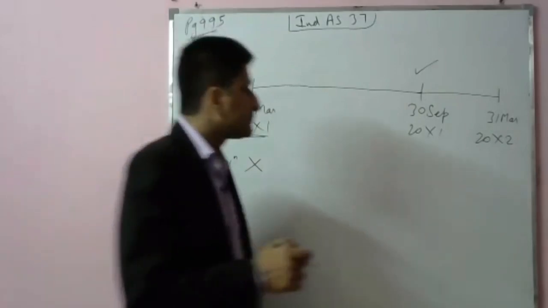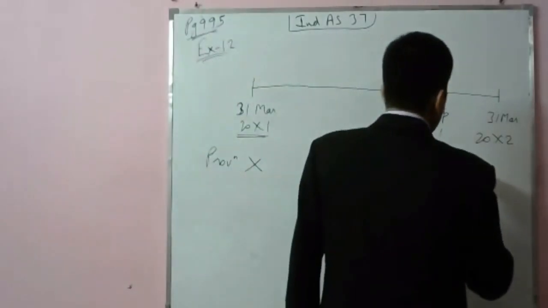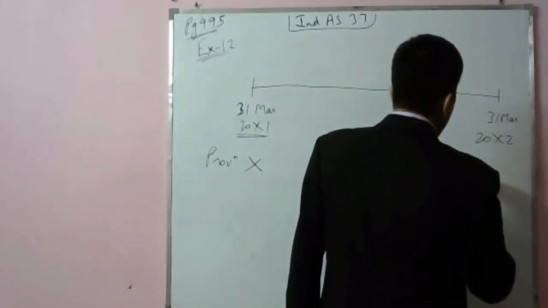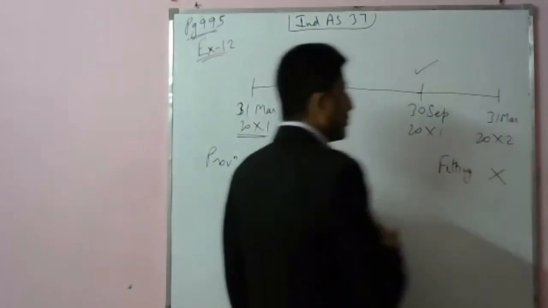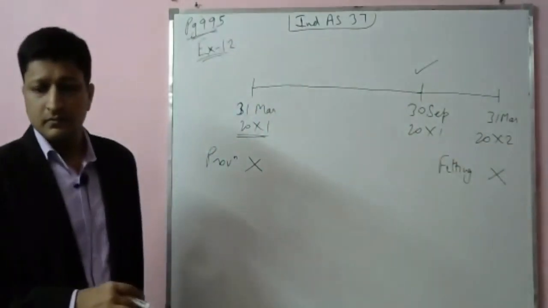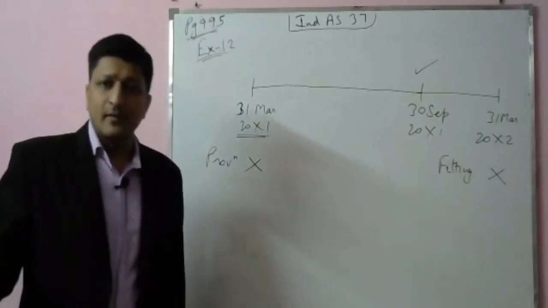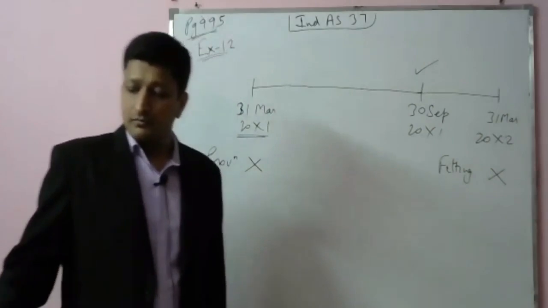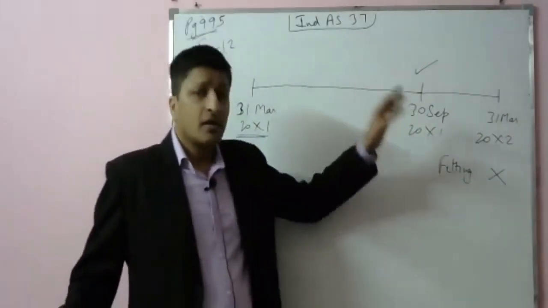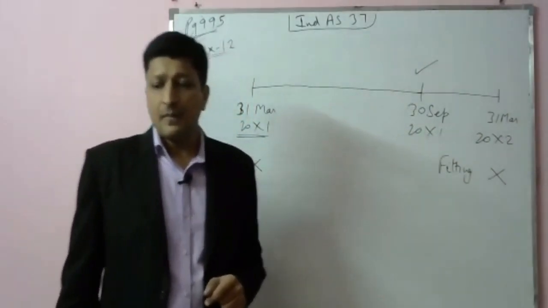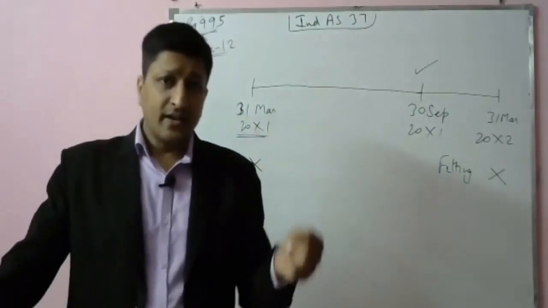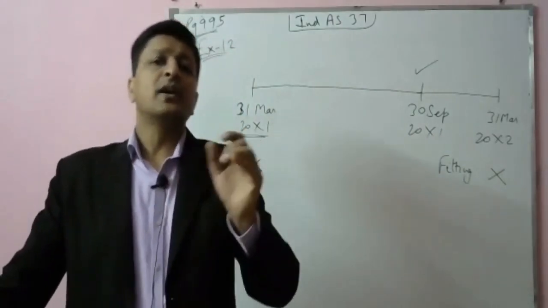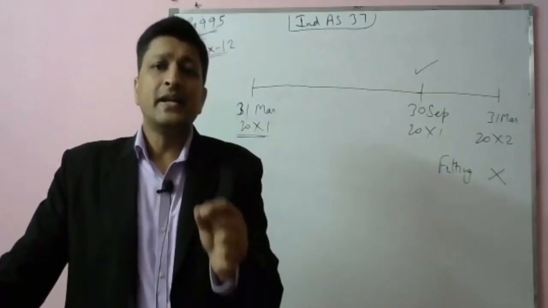No. So for fitting the smoke filters, there is no present obligation. There is no liability. But one thing is for sure, that this was a regulatory requirement, and if there is any default in the same, a penalty may be levied.